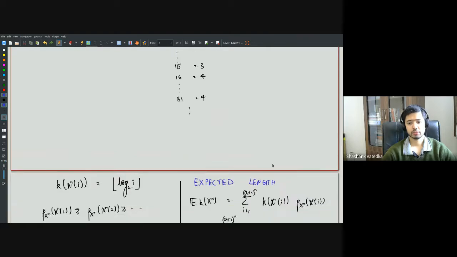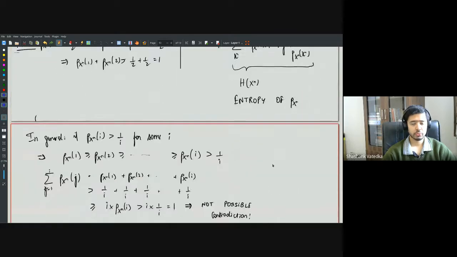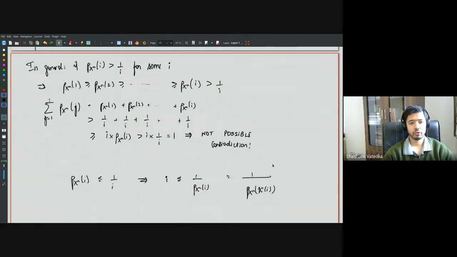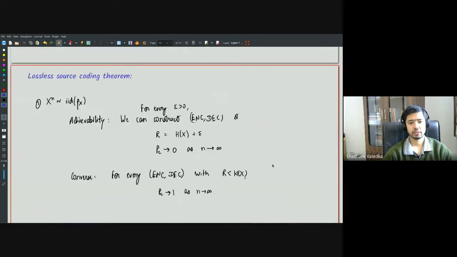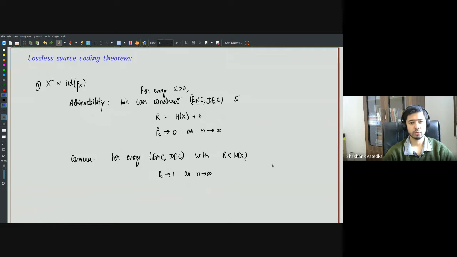Okay, so you can prove a similar result even for fixed length compression, for which the probability of error should be vanishing with n. Even for that, we'll see that the following holds.